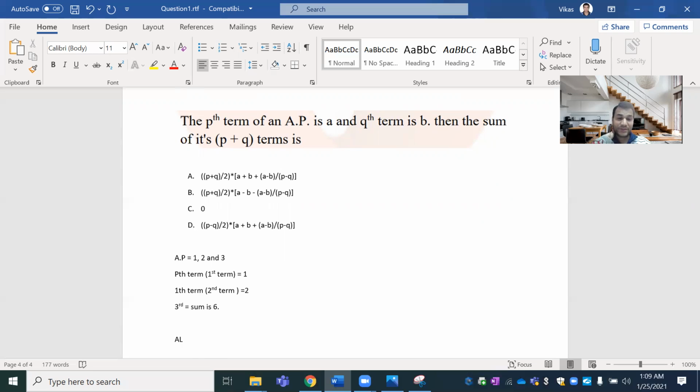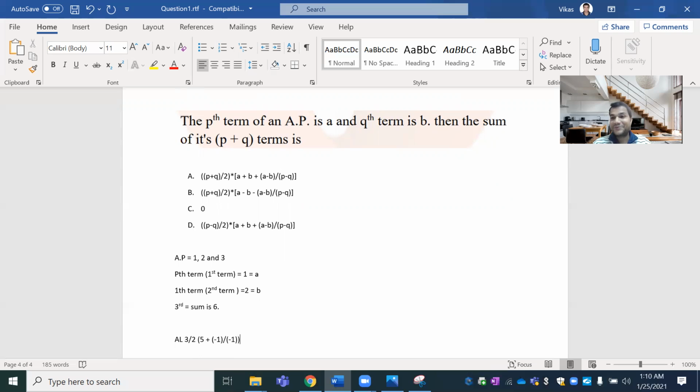So what will be the option A count? It will be P plus Q, which is 3, divided by 2, and then 3 plus 2, 5, and plus 3 minus. For clarity, let's say the term is A. So this is equal to A, and this is equal to B, right? So it means 5 plus, it will become A minus 1, right? And P minus Q, P is 1, so it will also become A minus 1, right?